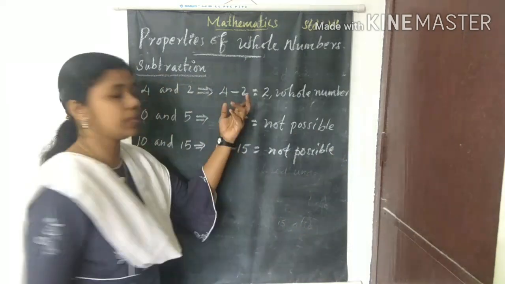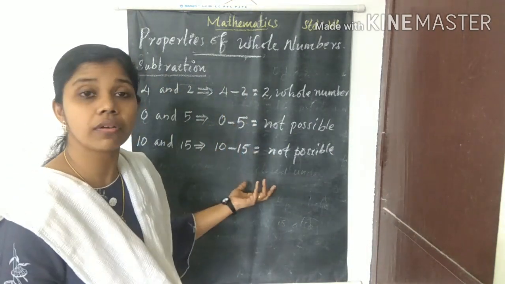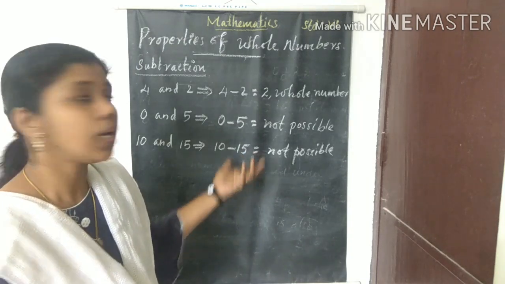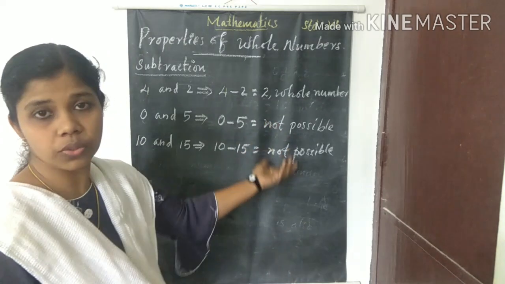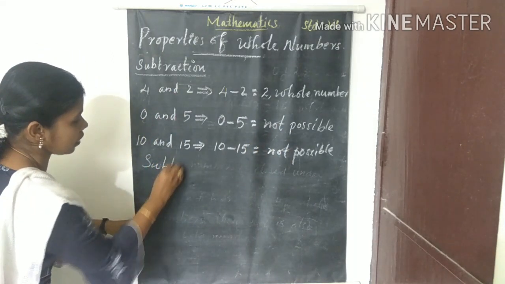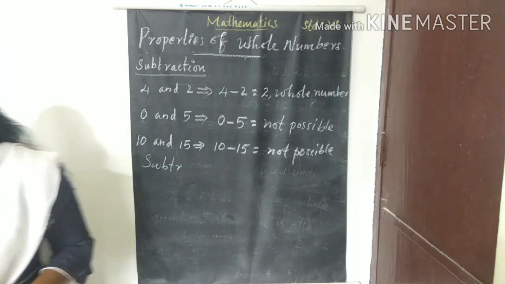Sometimes we get a subtraction answer, but sometimes we do not get a whole number. So subtraction is not closed.